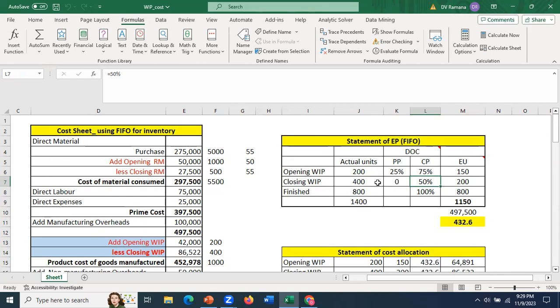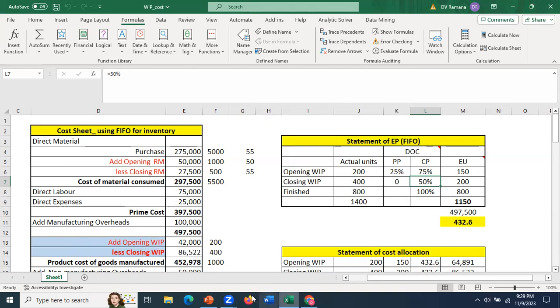If degree of completion is not there, of course, there are other assumptions, uniformly distributing the cost, which we'll examine in another exercise. So we made two assumptions, that we want to follow FIFO, and because we want to follow FIFO, we can find the inventory working progress impact by using the concept of equivalent units.